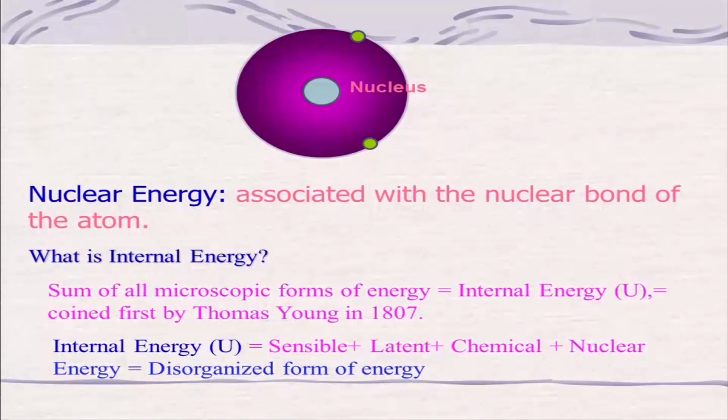That is the disorganized form of energy. These are all disorganized, not organized. So the main objective of thermodynamics, from the application point of view, is to convert this disorganized form of energy into organized form of energy.